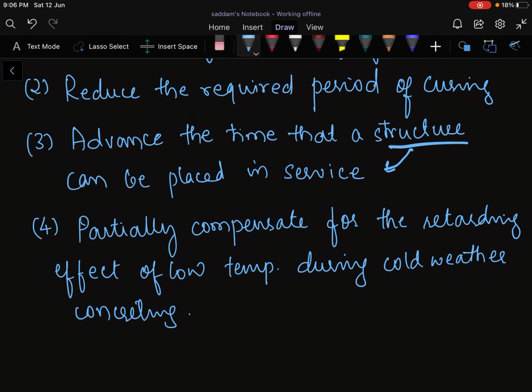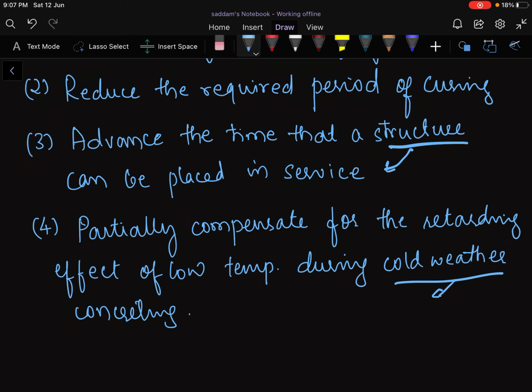Now the vice versa of that condition is cold weather. In cold weather the temperature is very low, therefore the heat released during hydration is also reduced.